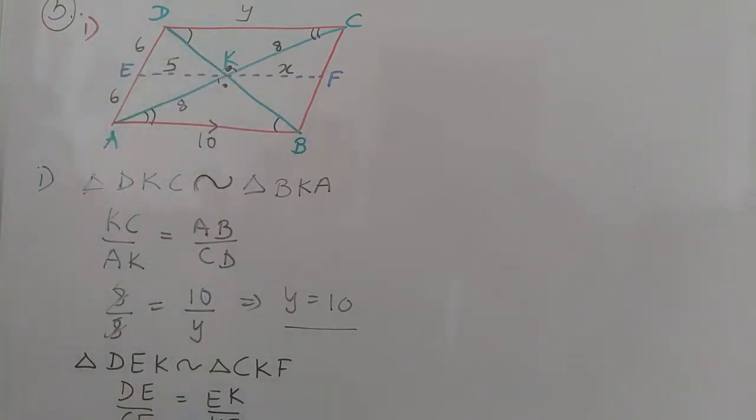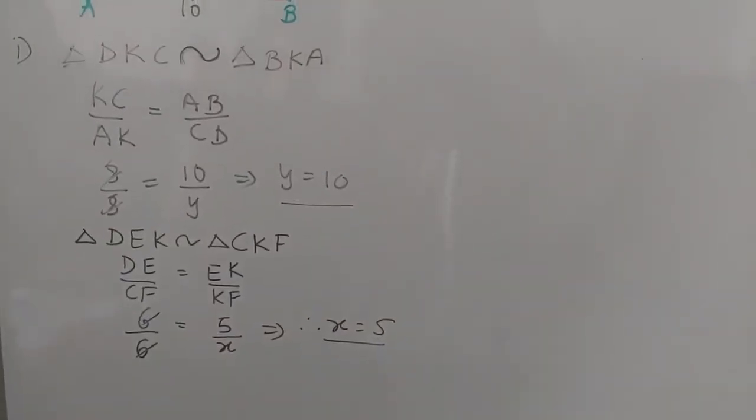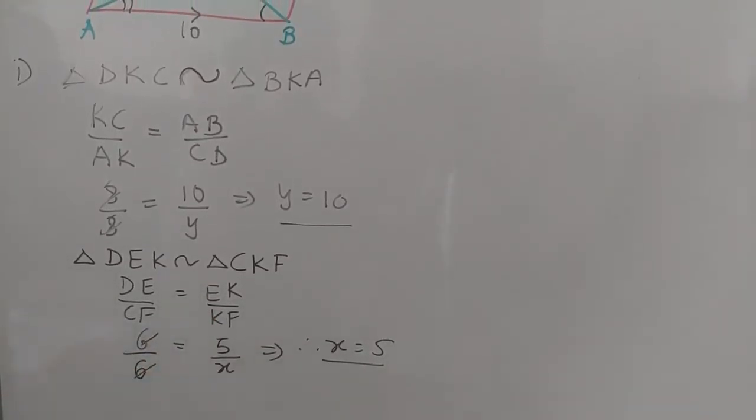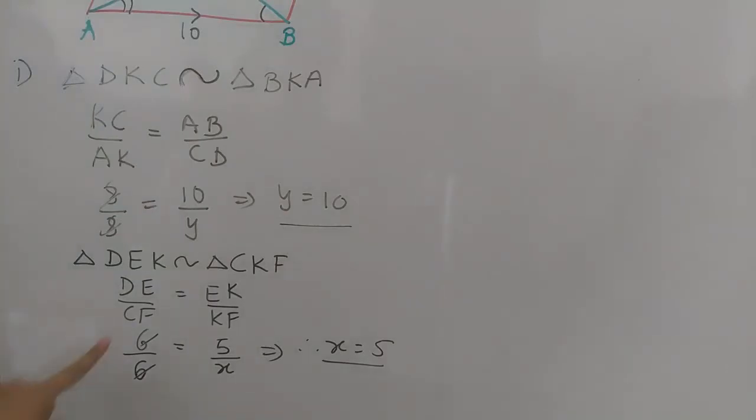So I have written triangle DEK is similar to triangle CKF, and then written their corresponding sides ratio, that is DE upon CF is equal to EK upon KF. Now DE and CF are not given, but just now I told you that the opposite sides in a parallelogram are equal, so accordingly I have written 6 and 6 here, and EK is 5 given and KF is x. So 6 gets cancelled and the x value is found as 5.